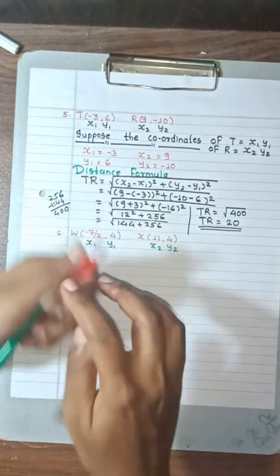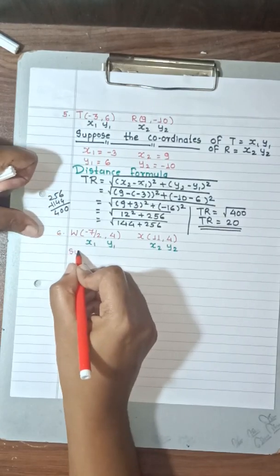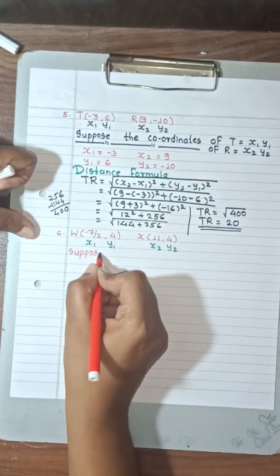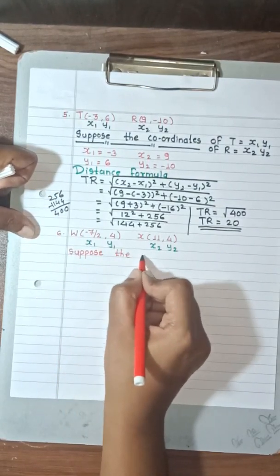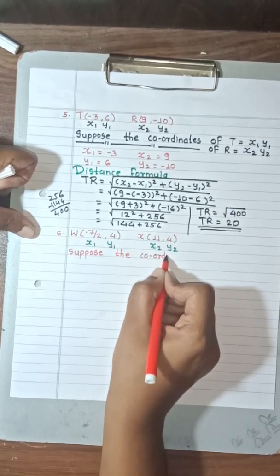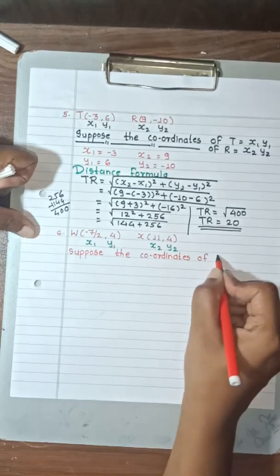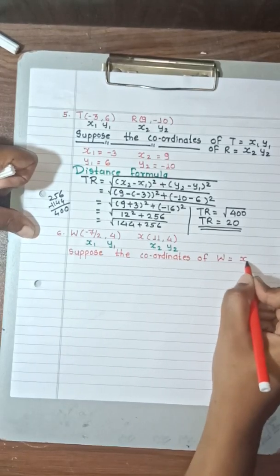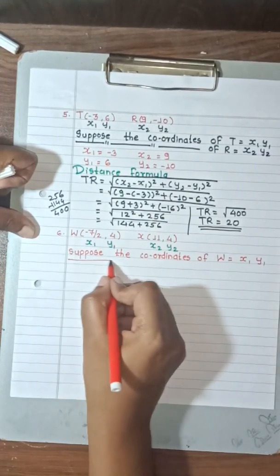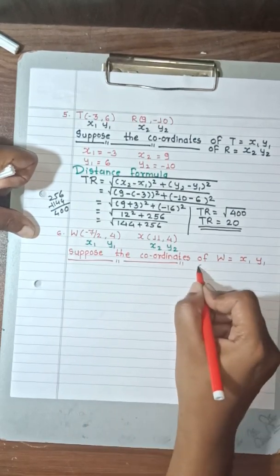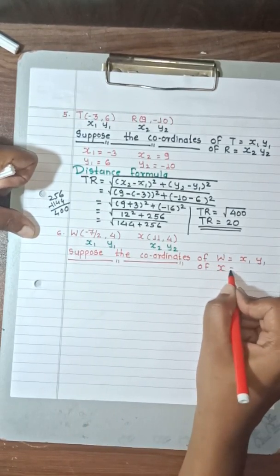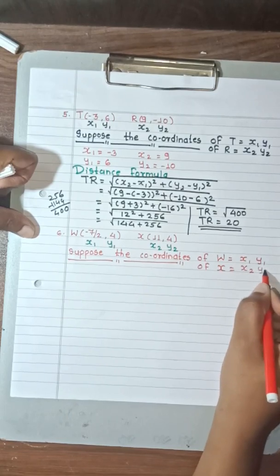So we'll write down here, suppose the coordinates of W is equal to x1 y1. In the same way, suppose the coordinates of X is equal to x2 and y2.